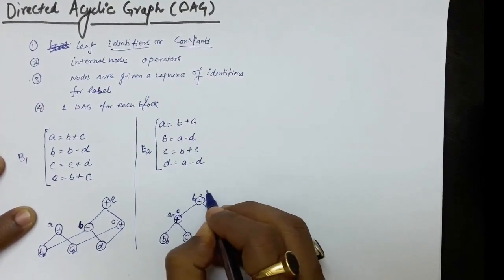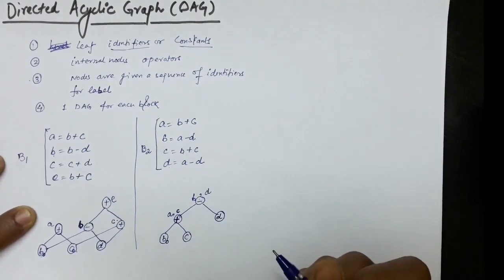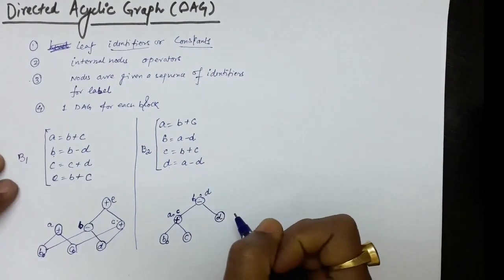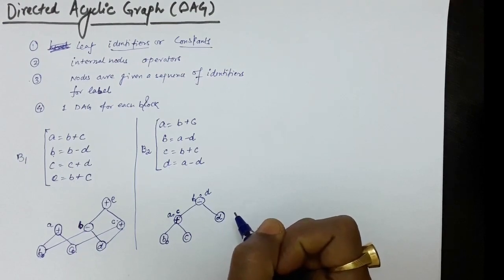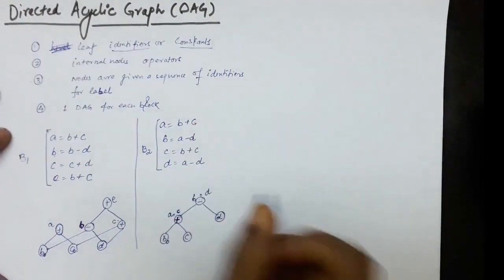A minus D is D. So we can say that D is here. Okay. So this is the directed acyclic graph for this basic block.